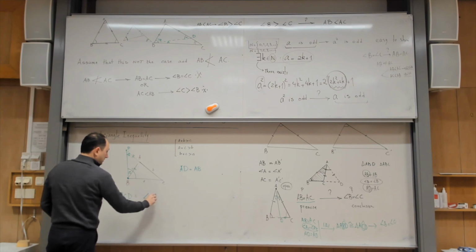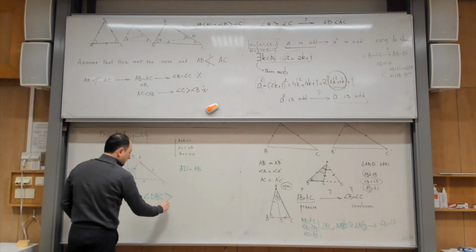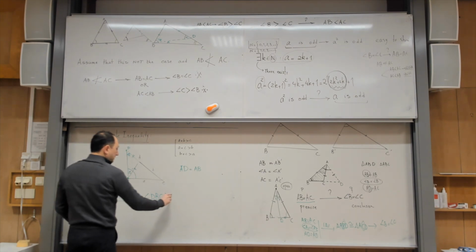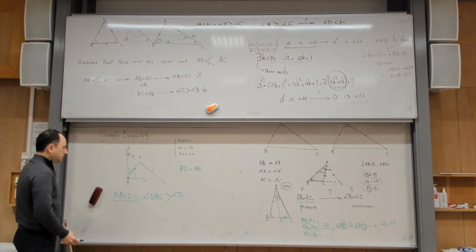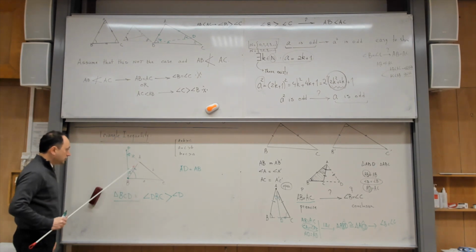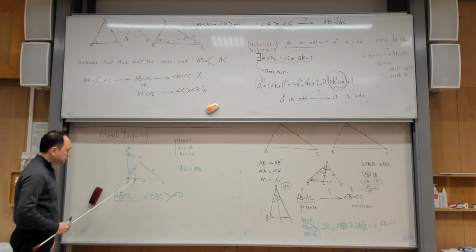Angle DBC is larger than the angle D. Do you agree? Why is that? Because if this is alpha, this is also alpha. But alpha here is just one part of the bigger angle. So alpha is definitely smaller than this angle. So this means that this angle is also smaller than that angle.